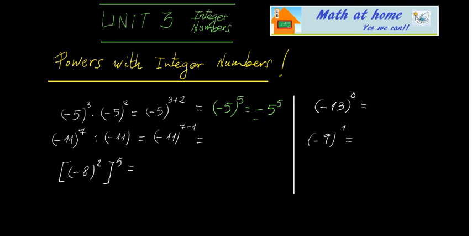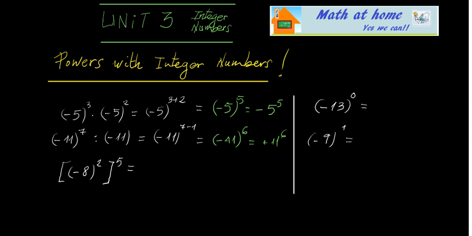What happens if you divide? It is minus 11 to the power of 7 minus 1, which is 6. Now we have an even exponent, so you know it's positive. So you can say that this is 11 to the power of 6.